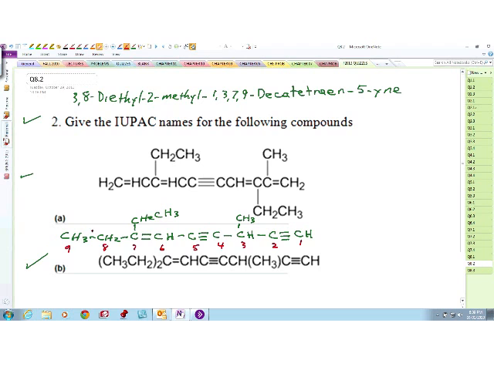So we have 9 carbons in the base name. And now the branches are a methyl in position 3, and an ethyl in position 7. So let us give the name for this.